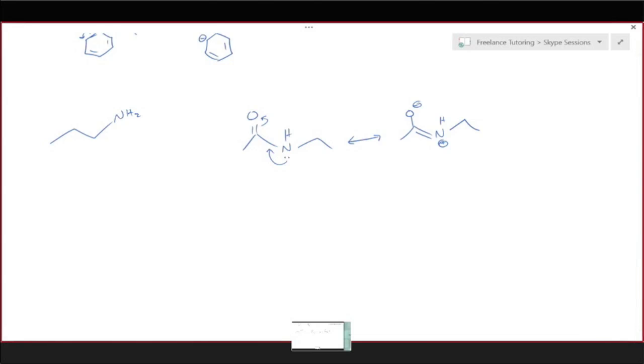Yeah, so the more basic would be the first molecule. So this turned out to be kind of similar to the previous example, and you went through the correct logic here. It turned out in this case that it was more useful again to compare the starting materials rather than the products.